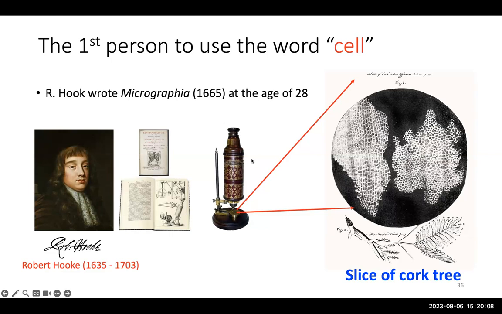And then in the retina, they found that if they take a piece of cork tree and put it on the sample plane, there are many small segments on the slides.